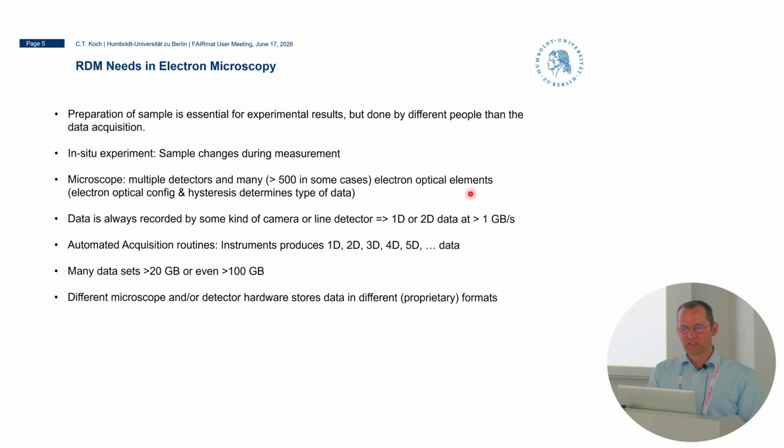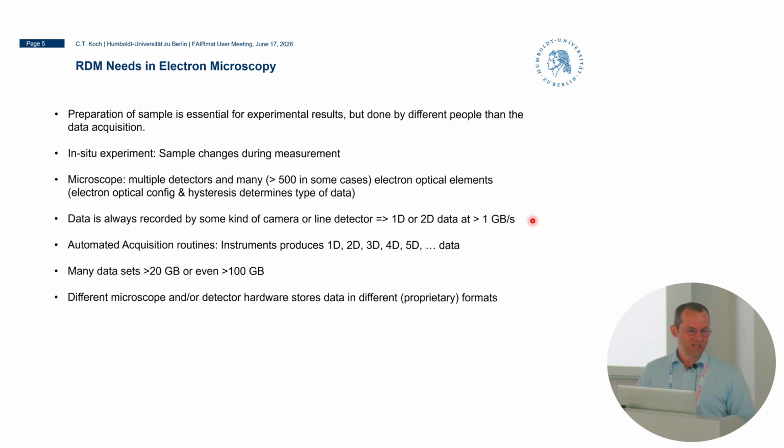I guess the first two are common probably to many techniques. This third point probably as well, but maybe not as many: we have many detectors that sometimes acquire data simultaneously. And the fourth point is that they sometimes do this at very high data rates. We have a camera, for example, that collects data at more than 2 gigabytes per second. If you can imagine that for a few seconds, you collect many gigabytes in a single data set.